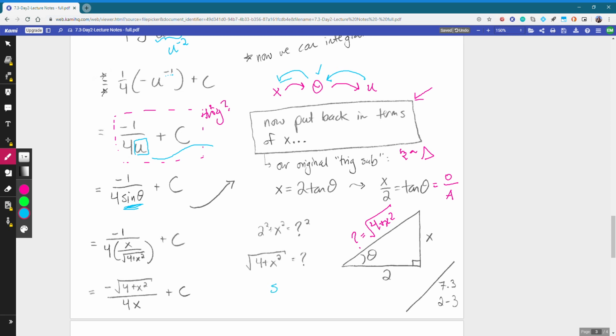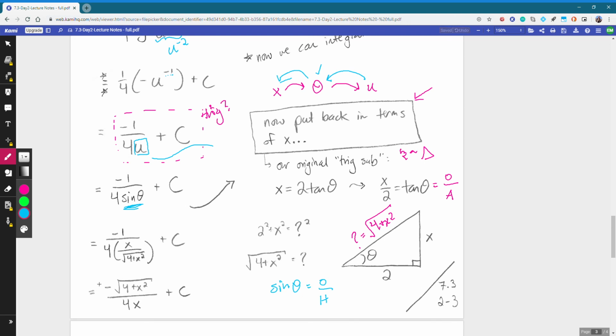Sine of theta is opposite over hypotenuse. And so for our triangle here, it's going to be x over the root. And so making that substitution here, x over the root, and since that's in the denominator, we can flip and multiply. So the root will come up to the numerator, the x will stay right where it is in the denominator.